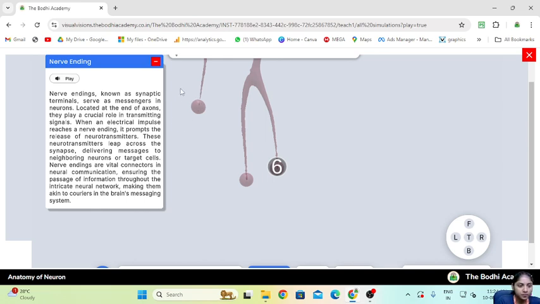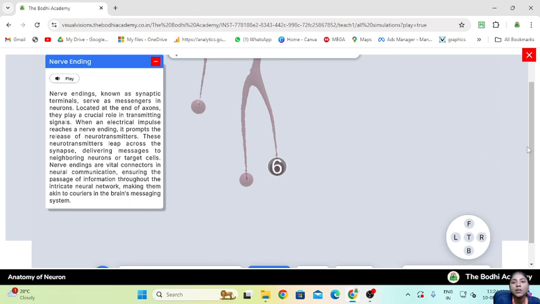So when an electrical impulse reaches the nerve endings, these will prompt the release of some neurotransmitters, which will then leap across the synapse, delivering the messages to the neighboring nerve cells or the target cells.